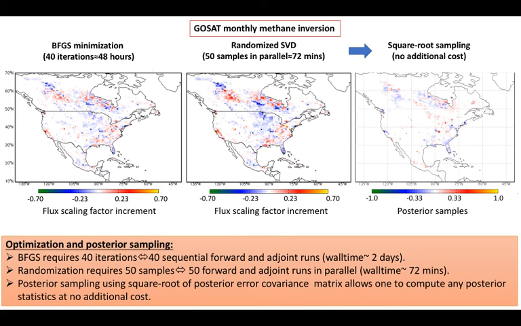In the middle here, this is using the randomized SVD I just described, and you see that it took a bit over 1 hour to get similar results with this method. Another very interesting feature of this method is that you can have a low-rank representation of your posterior covariance matrix, and you can use it to sample the posterior. On the right here, I'm representing independent realizations of the posterior.